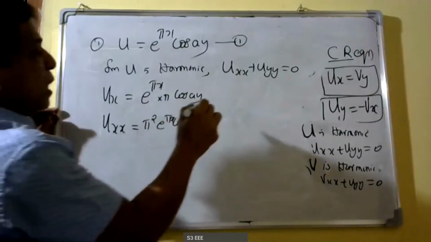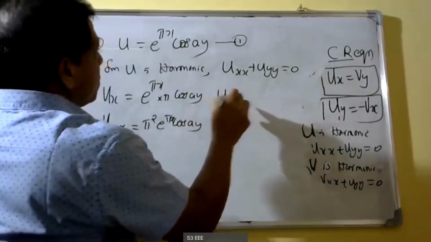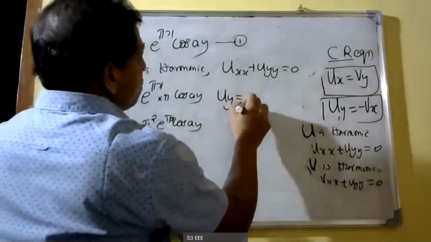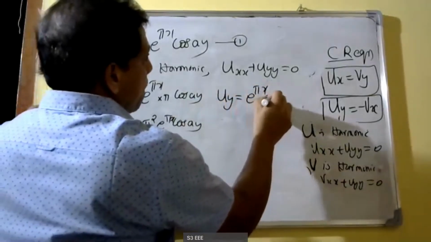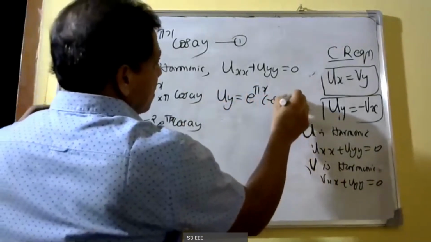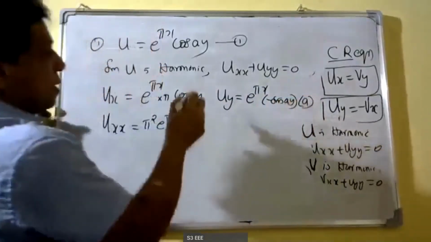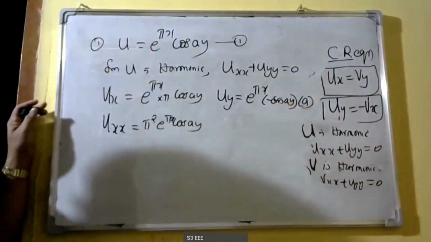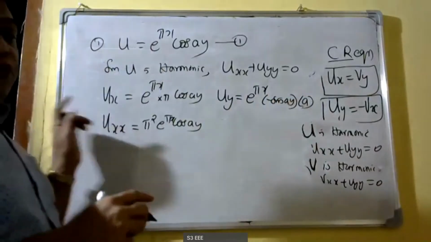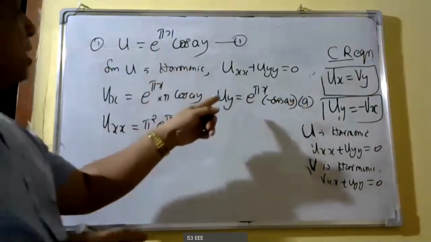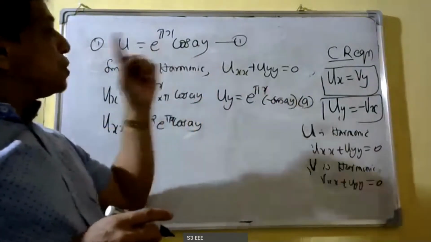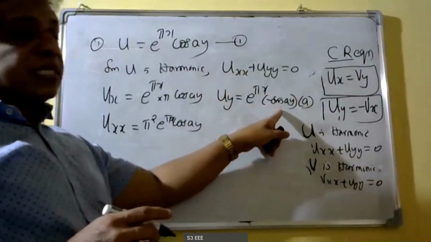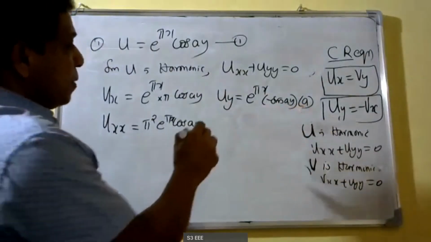Similarly, uy is e raised to pi x into minus sin ay into a, when we partially differentiate with respect to y.